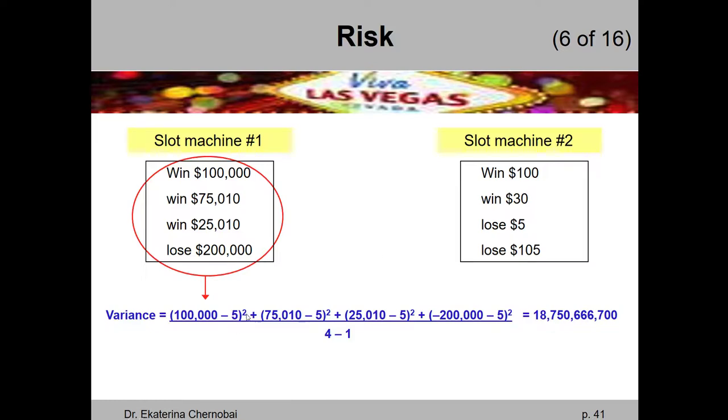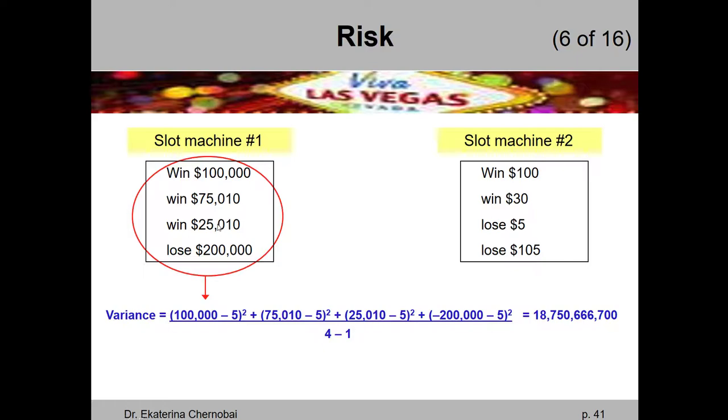But if we don't add the power 2, we're going to get 0, because everything will cancel out. When we win, we may be above the $5 average. When we lose, we will be below. And that's why the sum of all distances will always cancel out perfectly, and we would get 0.